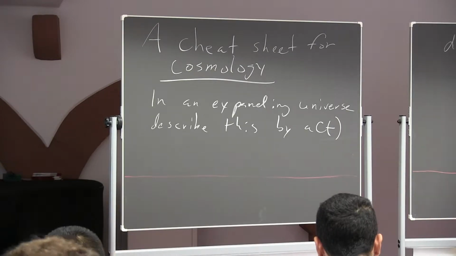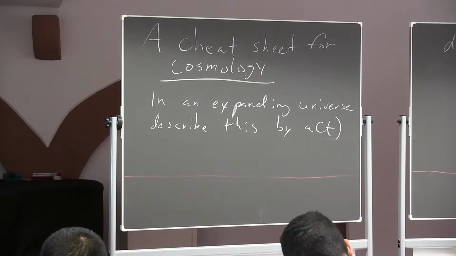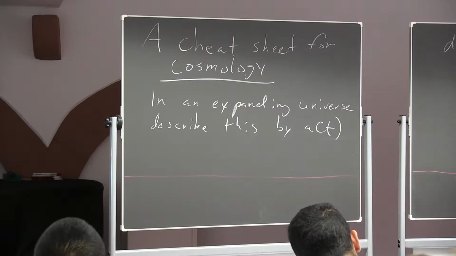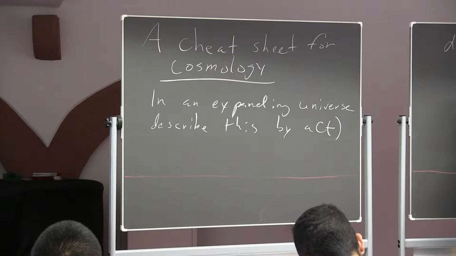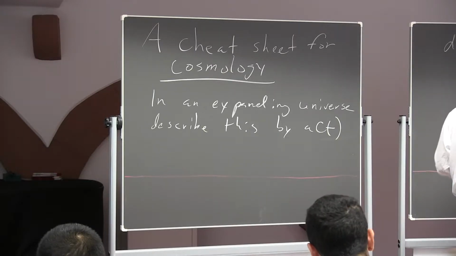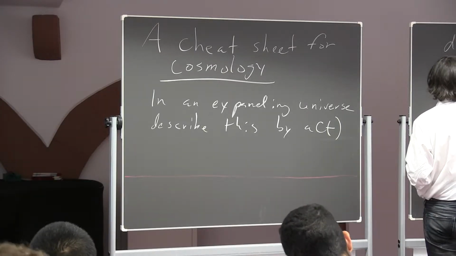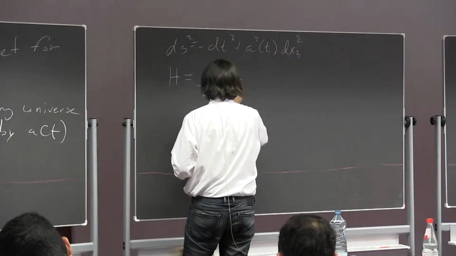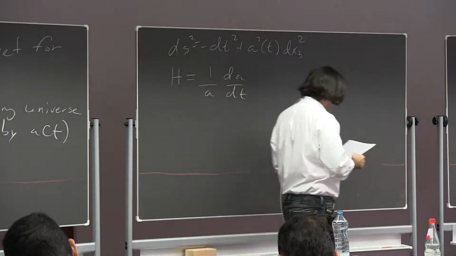If you have a homogeneous isotropic expanding universe, then there's a simple metric that you can write down, which is described like this, and all the dynamics of that expansion, at least in a homogeneous sense, are dictated by this a of t. And we describe the expansion by the Hubble parameter, H equals 1 over a, da dt.